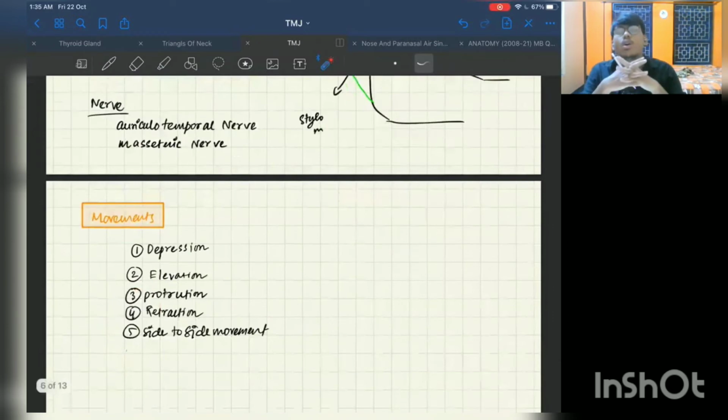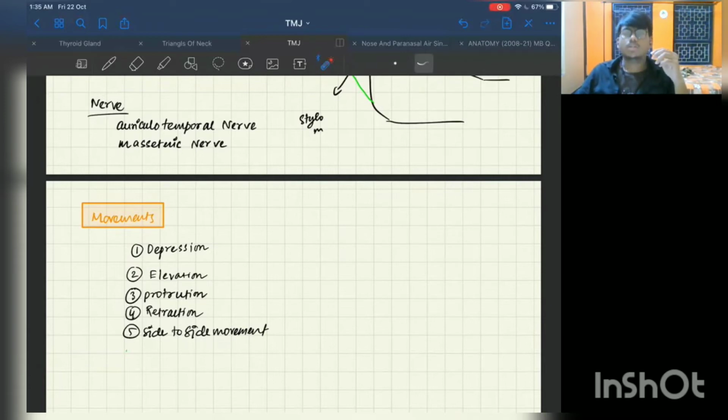Now, if we are talking about a joint, then there should be some movements. It is a synovial joint. So, what are the movements involved in this temporomandibular joint? The movements are depression, not that depression after reading a lot of things and thinking what will happen to me, not that depression. This is a depression movement, right? The mandible is getting depressed.